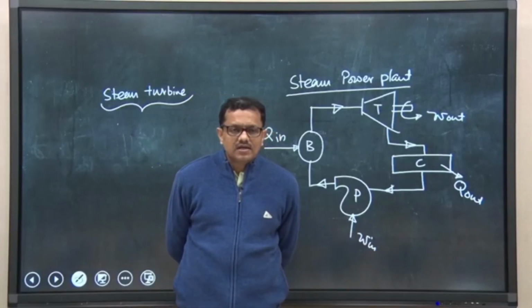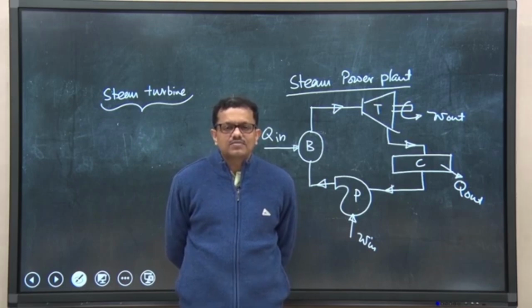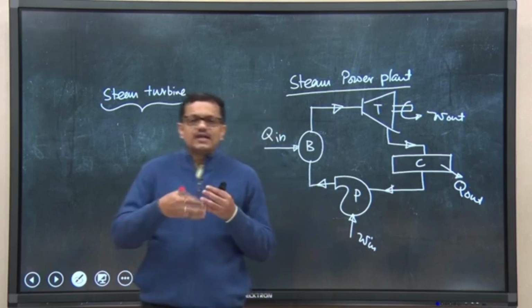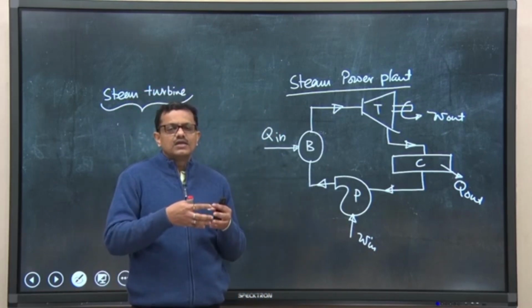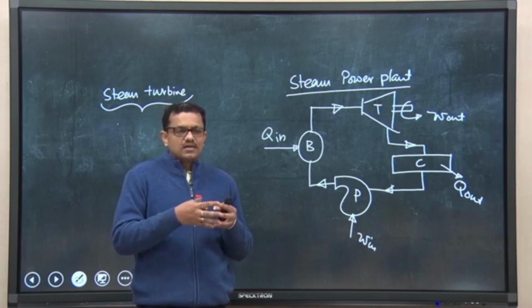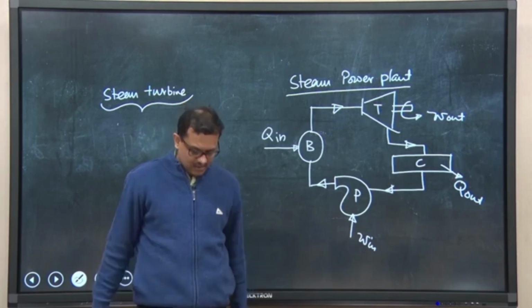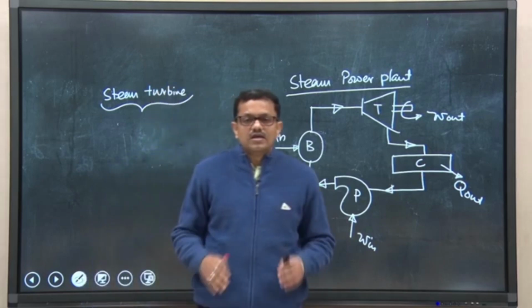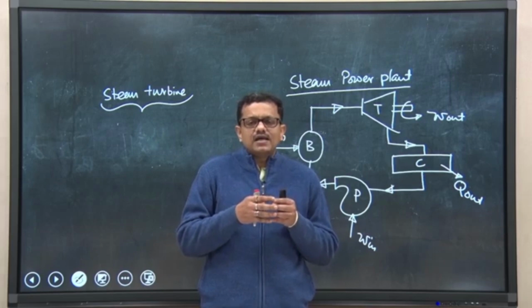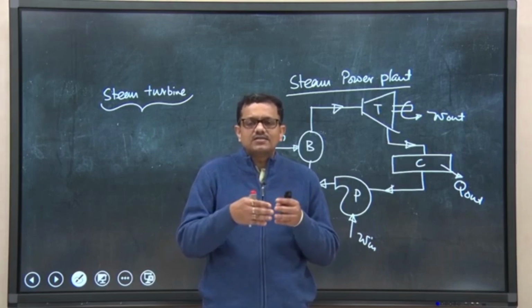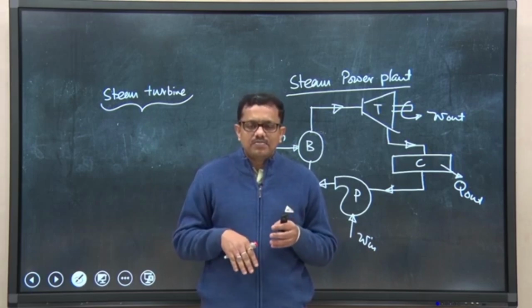Because we have studied that hydraulic turbines are used to generate electricity in a hydraulic power plant or hydel power plant, and we have seen that we use the energy which is remaining stored in the water, and water is allowed to flow through a penstock, and finally depending on the types of the turbines, if it is an impulse turbine, then water is taken through the nozzle before it enters the impulse turbine blades.